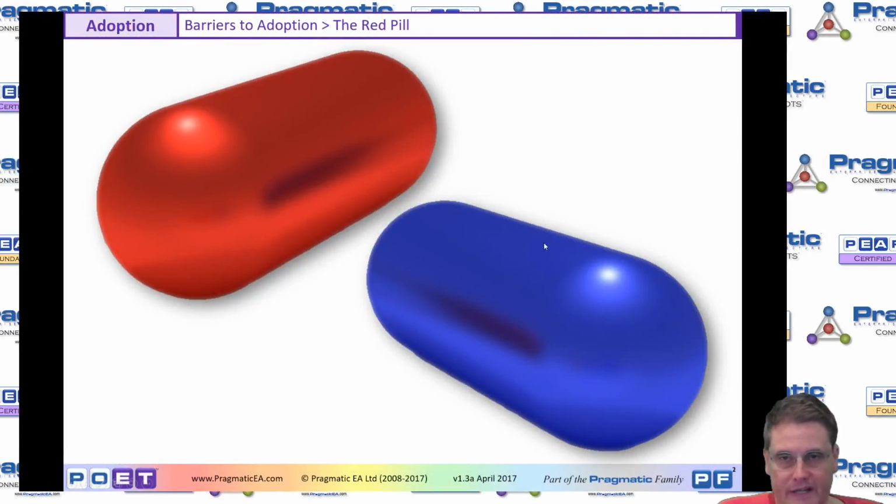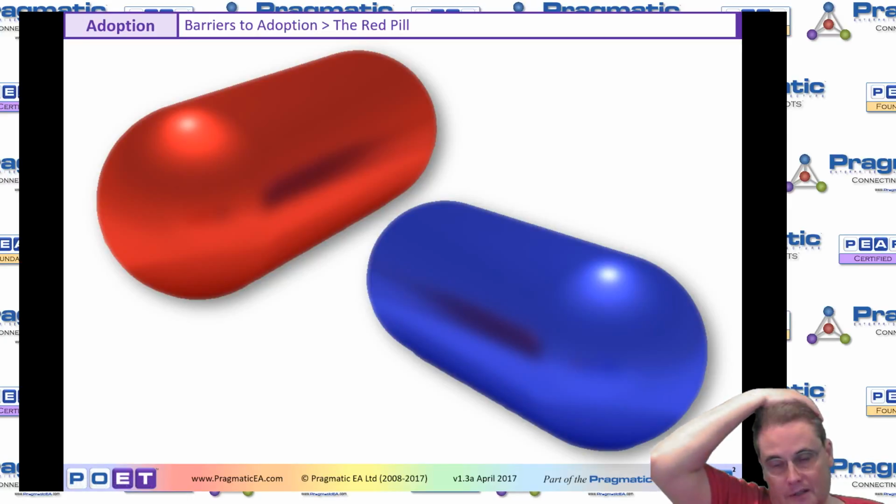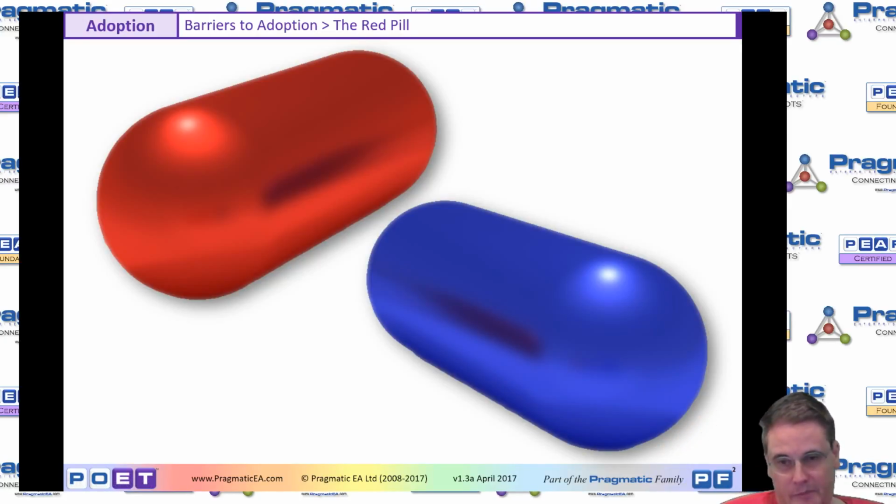The second one is what we call the red pill, related to the first one really, and this is a reference to the Matrix, of course. Most organizations operate in a world where the only thing they can see is the operations domain. The only thing they can see is the blue pill. The only thing they can see is improving operations. We need to write a roadmap. We need to run projects.